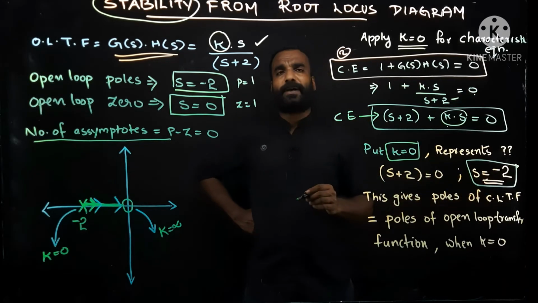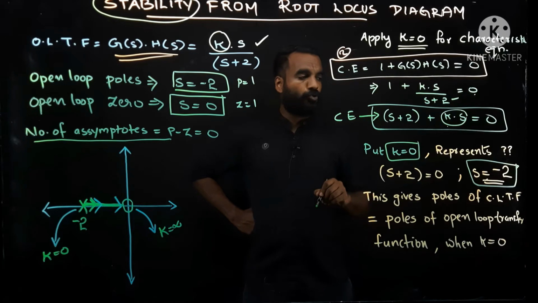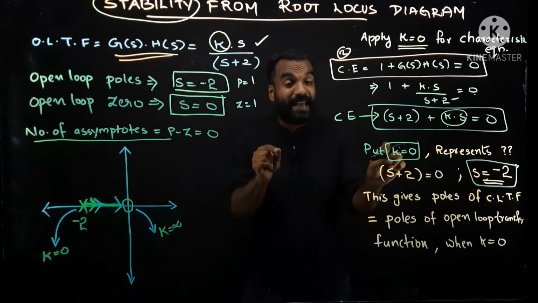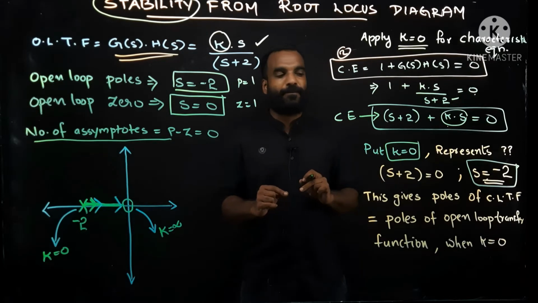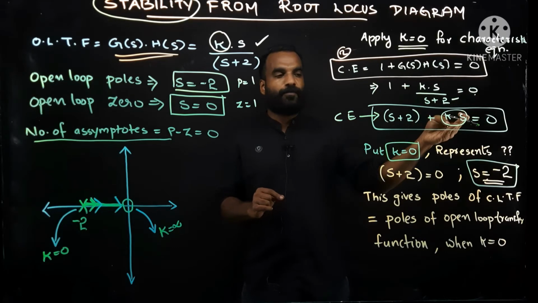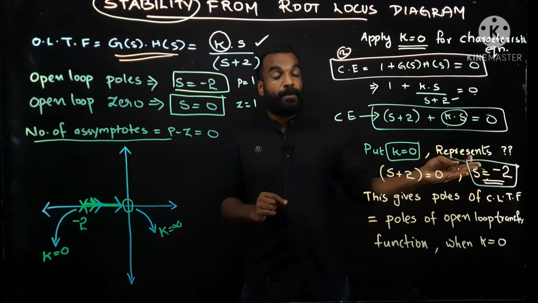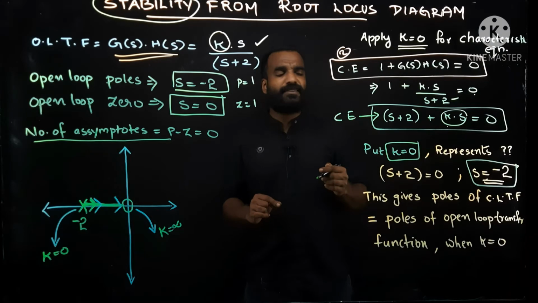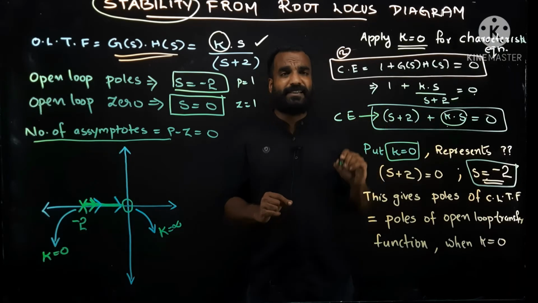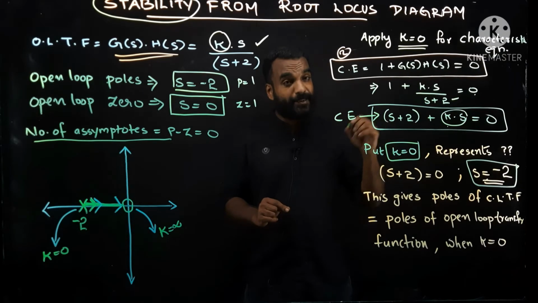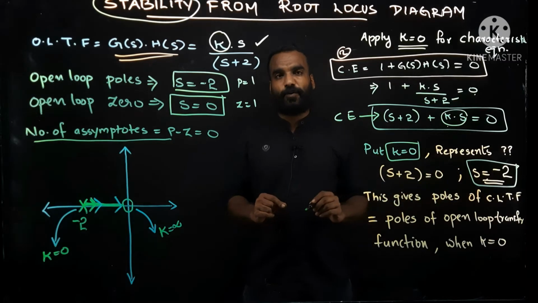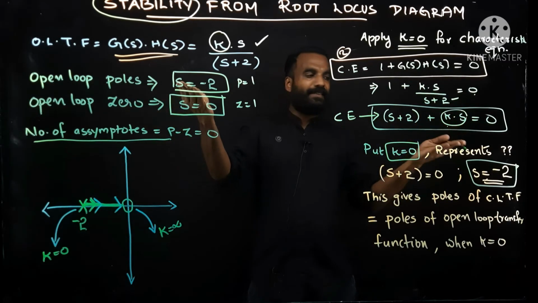So, s is equal to minus 2 is the pole of the closed loop transfer function when k is equal to 0. That is important. If k is not equal to 0, we will get another solution. But for the characteristic equation, if you are giving k is equal to 0, then the pole is s is equal to minus 2. Now, please check both sides.